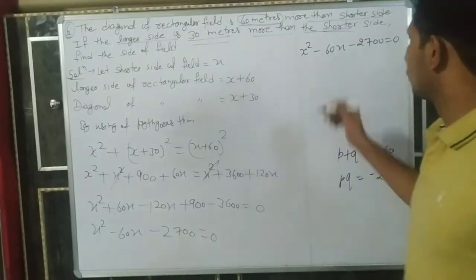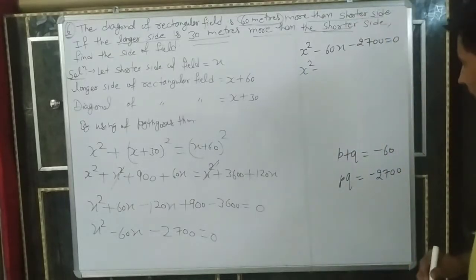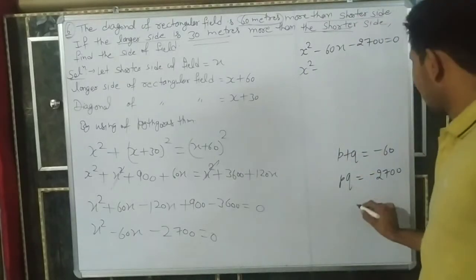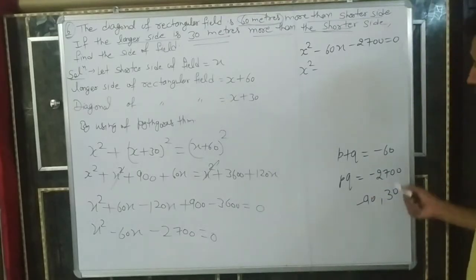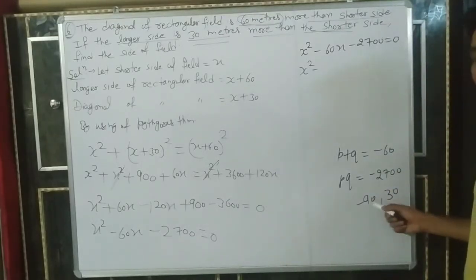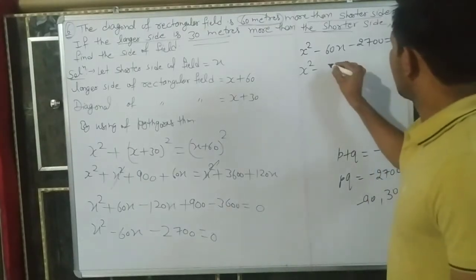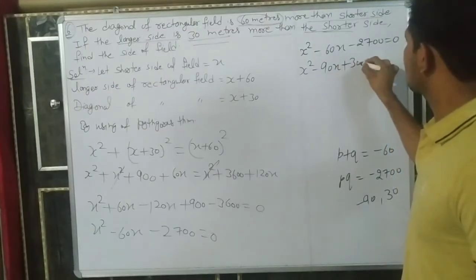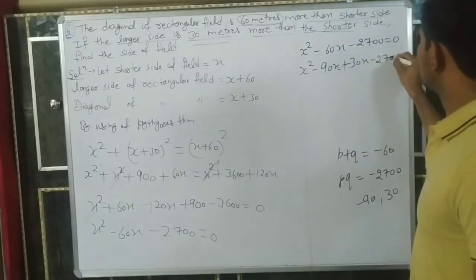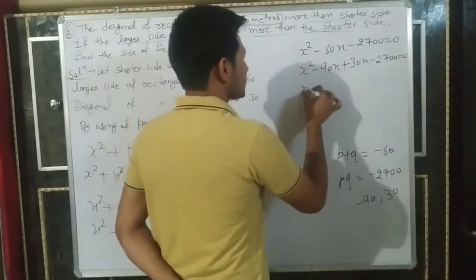Understand? So you have to think of these two numbers. I think these are minus 90 and 30. Minus 90 plus 30 is minus 60. 90 into 30, 9 into 3 is 27. It is minus 90x plus 30x minus 2700.